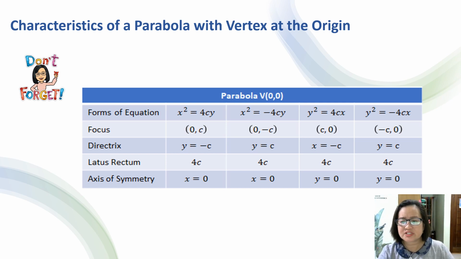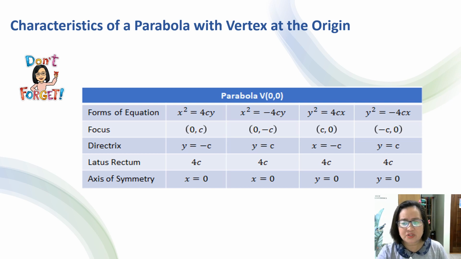For parabolas that open sideways, we will have y squared equals 4cx for a parabola that opens to the right. This kind of parabola will have a focus at (c, 0) with directrix x equals negative c, length of latus rectum 4c, and axis of symmetry y equals 0.